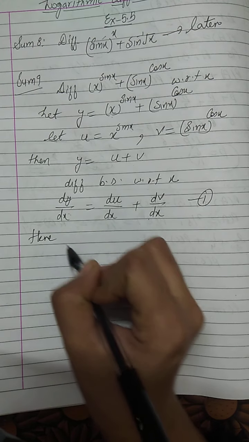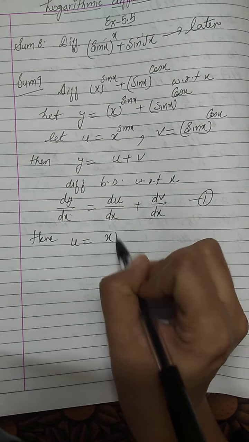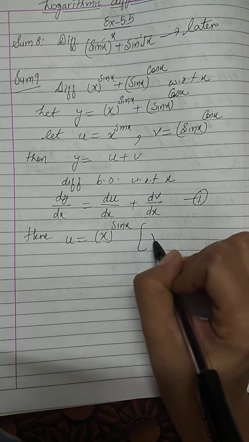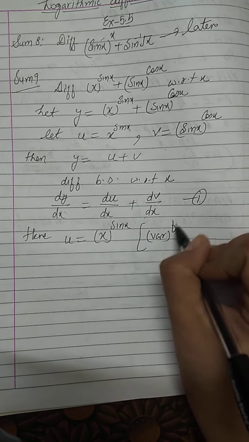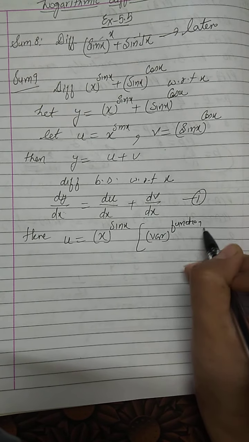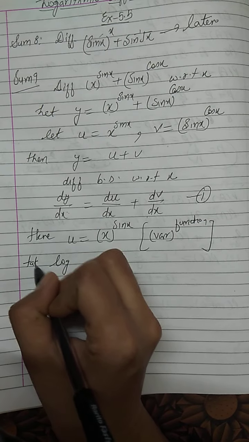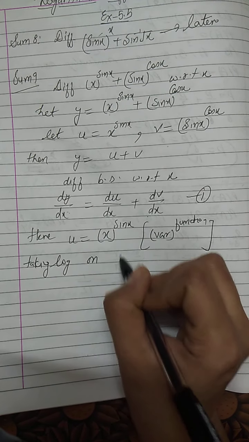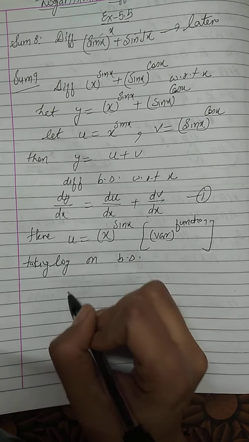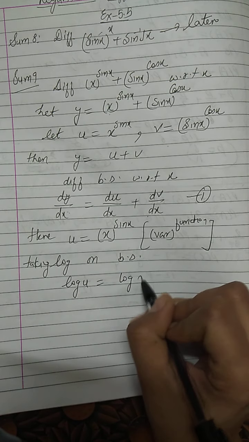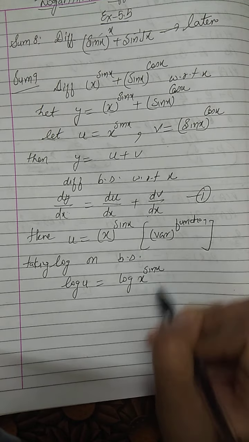So now we will consider u first. I am writing here u is x raised to power sine x. Now what kind of function do we have? We have a variable, and the power is a function, so we will apply log here. Taking log on both sides, we get log u equals log x power sine x.